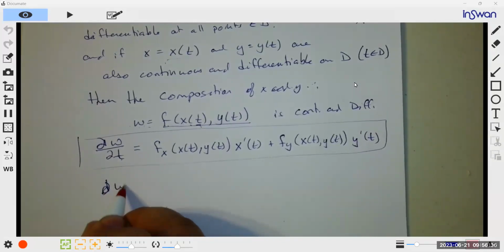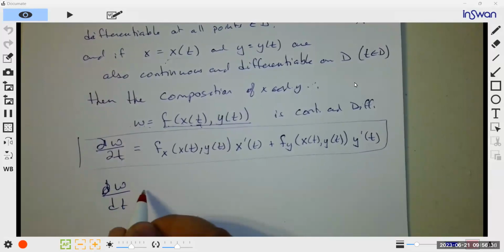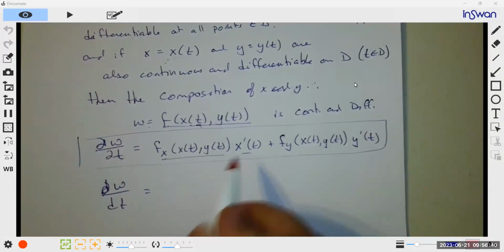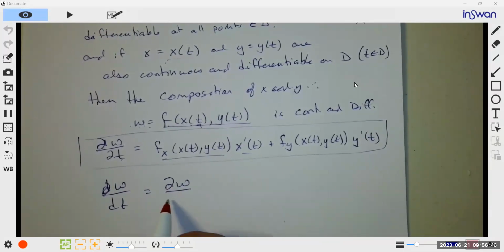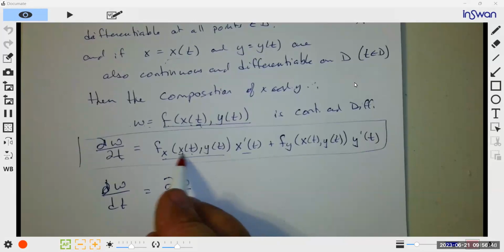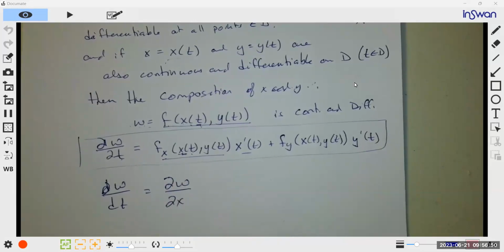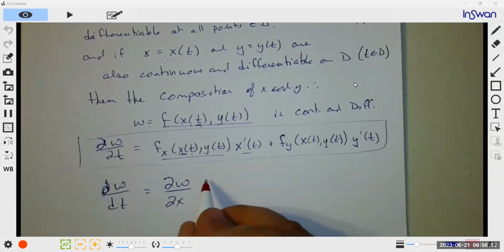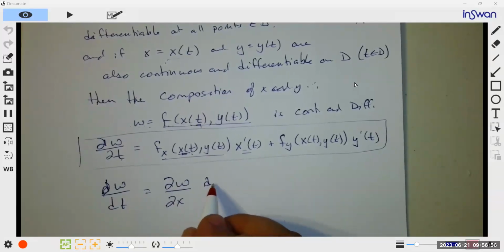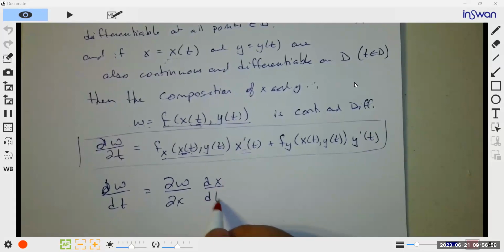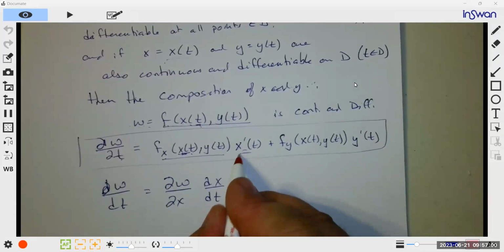Actually, we're taking w with respect to t. What this says is we take the partial derivative of the first one with respect to x, times the derivative of x, which is a function of t. That's what that says.